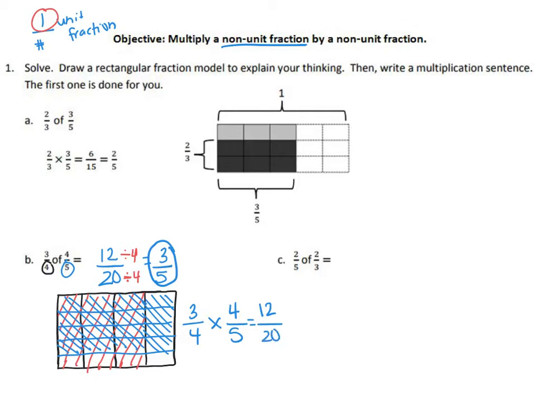And of course, we know we can divide both of those by 4. So 20 divided by 4 is 5, and 12 divided by 4 is 3. 3/5. I got the same answer on both of them. So it is correct.